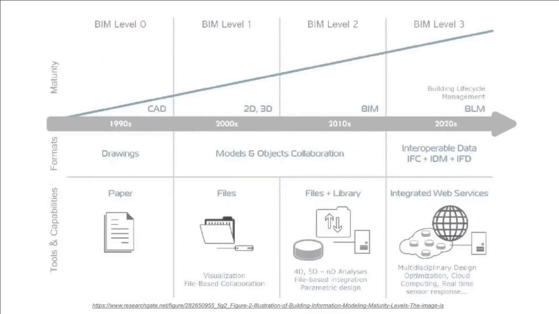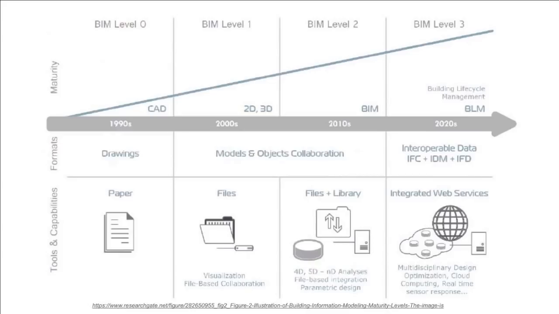BIM can also be defined in a series of levels. BIM level 0 is almost just drawings on paper and very rudimentary CAD. In the middle of this graphic, you can see there's this timeline, and what I think is fascinating is you can see BIM level 2 and 3 splits that mark between the 2010s and 2020s.